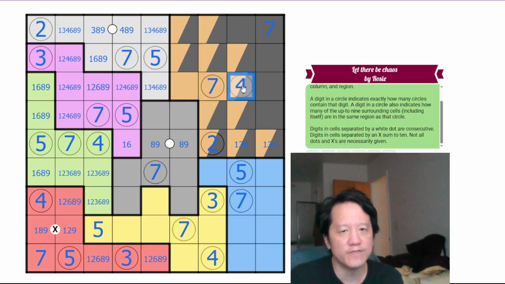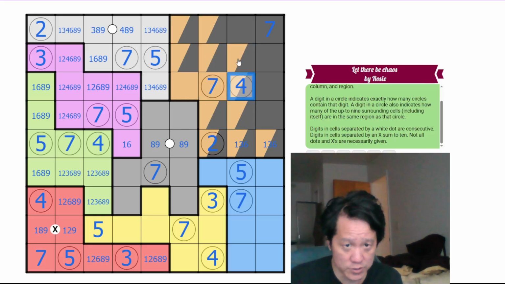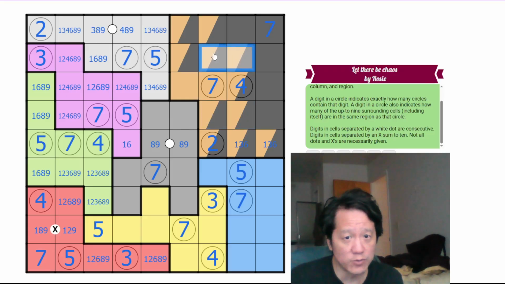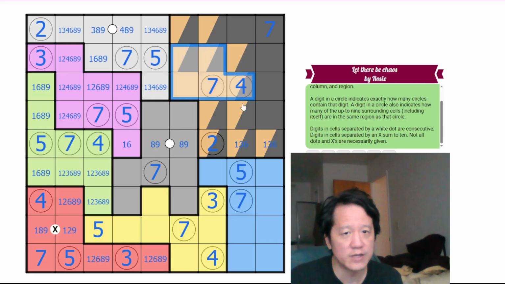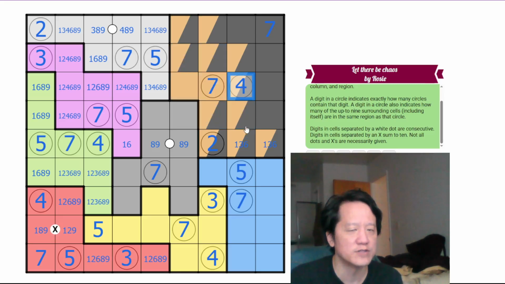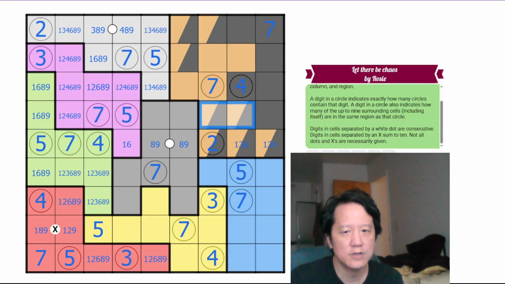So if we try to make this orange, only one of these can be removed as a dark because of the 7 oranges that must surround the 7, and so this can never be 4 then, if that's orange. So this cannot be orange, it's dark, which means the rest of these cannot be dark. So we have 1, 2, 3, 4, 5, 6. This can't be dark, it's orange. So we have 7 oranges there.